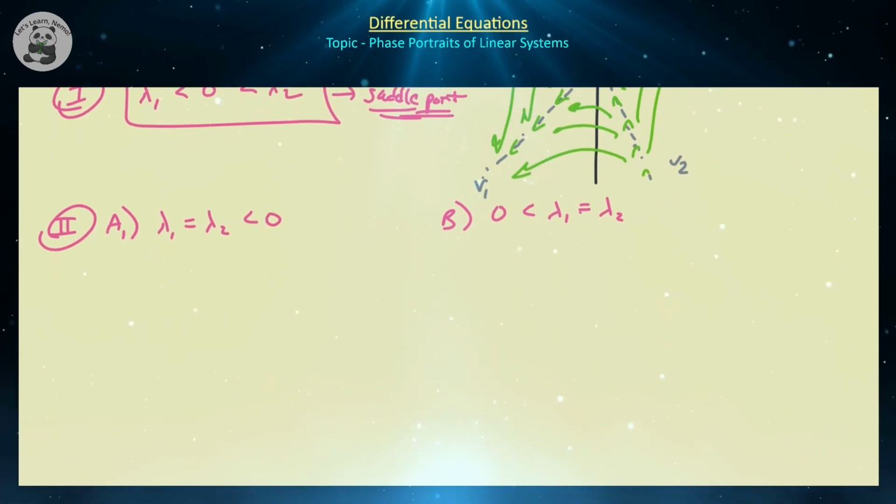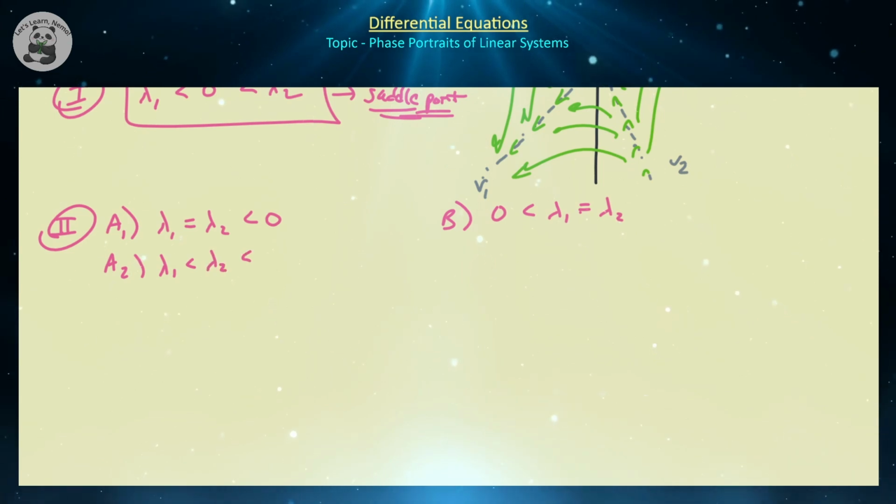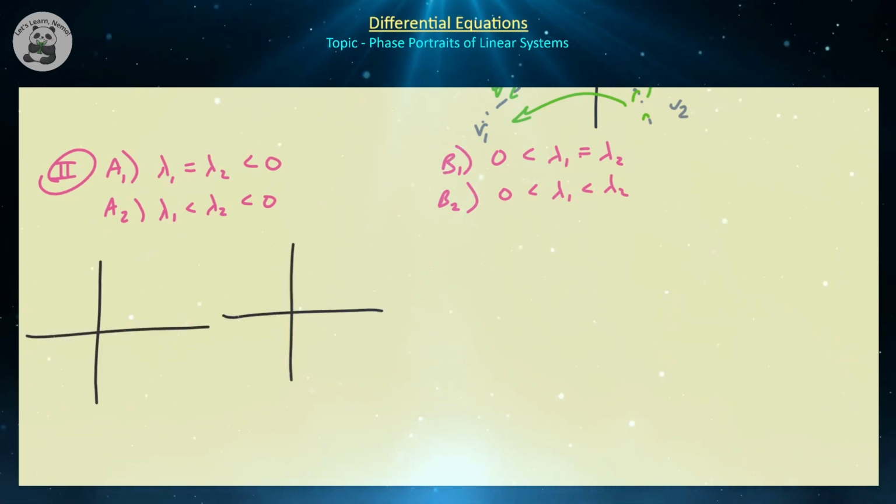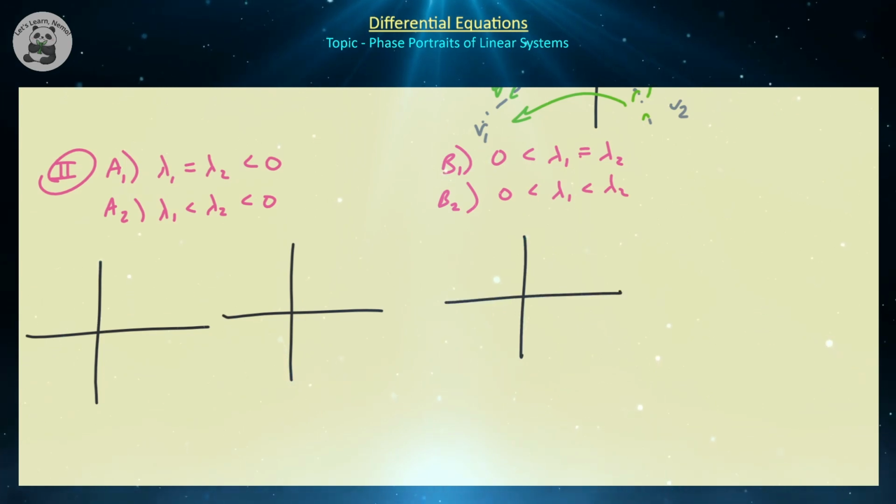Let's call it A1 and A2: lambda 1 less than lambda 2 less than 0, and then B1, B2: 0 less than lambda 1 less than lambda 2. They could be equal to each other, need not be though, but as long as both are positive, or both are negative, you're going to have the following phase portraits. So I'll do A1, A2, and B1, B2.